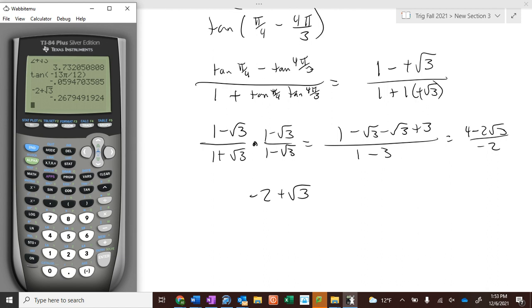Uh-oh. No, we got to be in radian mode because we're not in degree mode. So we go mode, go down to radians. And we go back up to this one and hit it again. And now it matches. Okay, so we're good.